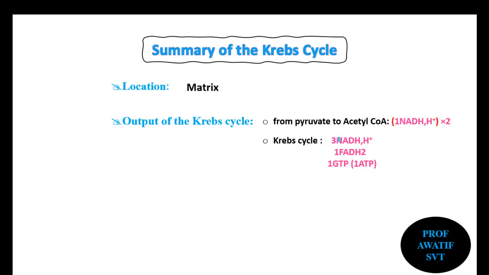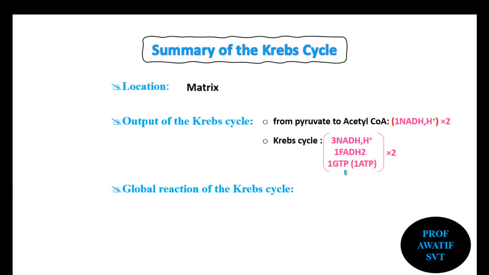So we already made 3 NADH, 1 FADH2 and 1 GTP, or we can say 1 ATP. And the same thing, this reaction happens twice. So actually from one glucose molecule we got 6 NADH, 2 FADH2 and 2 GTP.